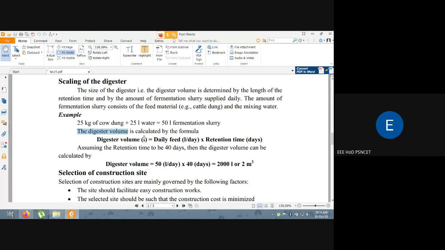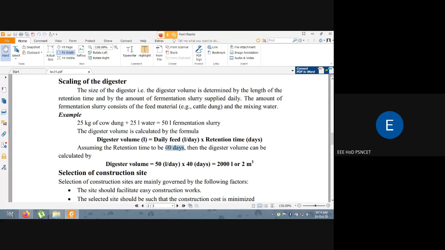The digester volume can be found by this formula: the daily feed in liters per day times the retention time in days. We already found the daily feed is 50 liters. So digester volume is equal to 50 liters times a retention time of 40 days.